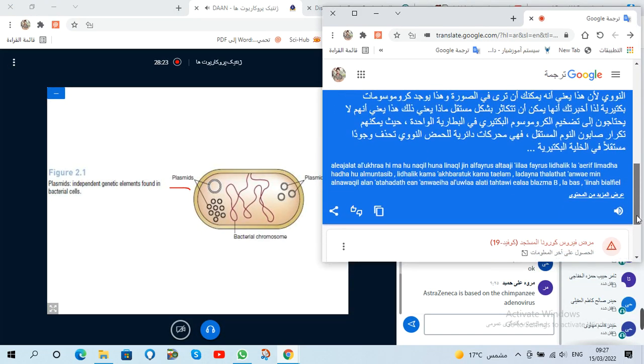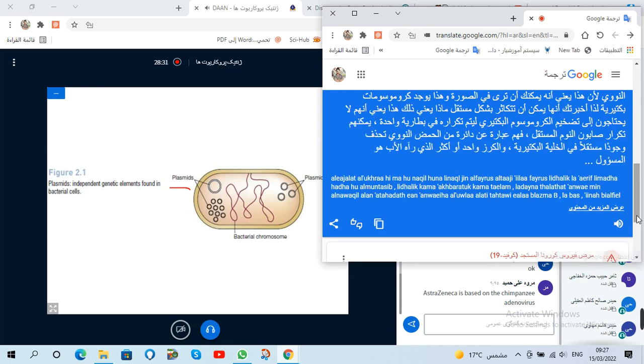They carry one or more genes that are responsible for a useful characteristic of the bacteria. For example, they can live in the presence of antibiotics.